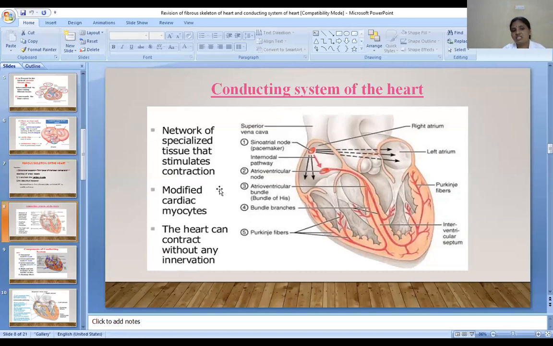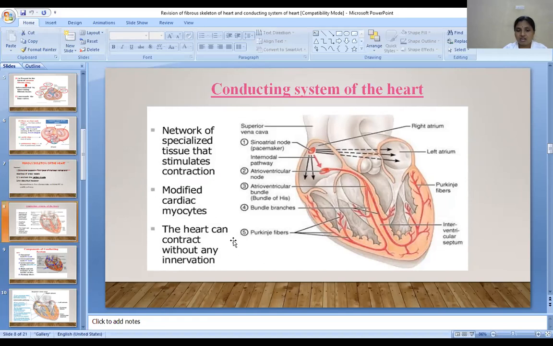In what way does it stimulate the contraction? By providing an electrical stimulus, that is, electrical impulses. These cardiac muscle cells are well defined, specialized for producing these electrical impulses. They are known as specialized tissue, and these are specialized or modified cardiac myocytes.